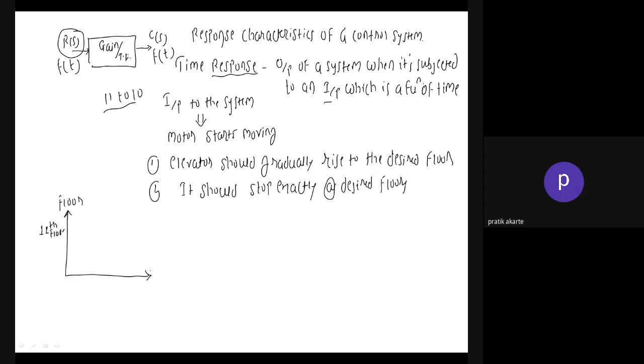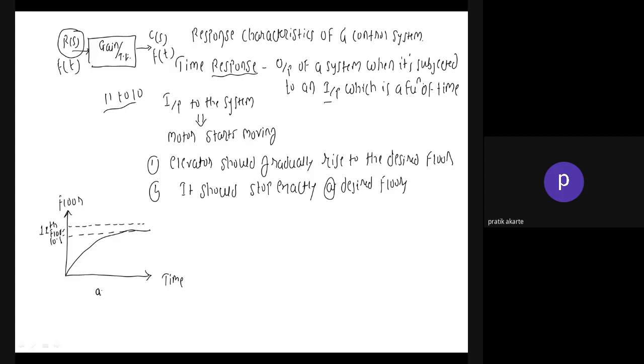And on the x-axis we have time. Now the first response, let me draw this dotted line. So this is a response like this. So this is the 10.5 floor.